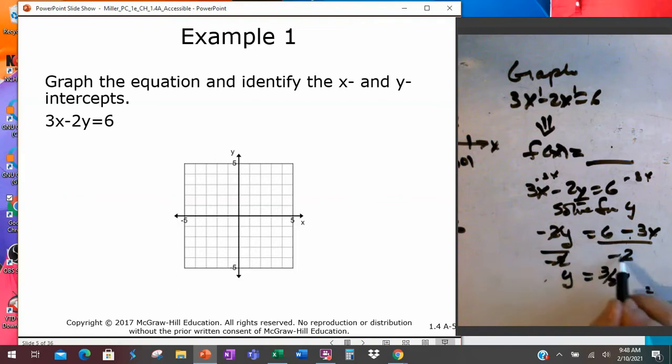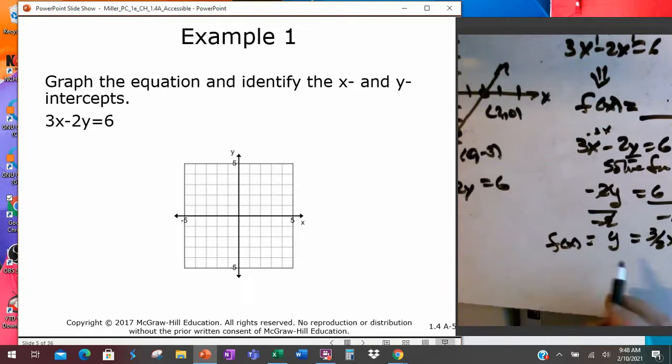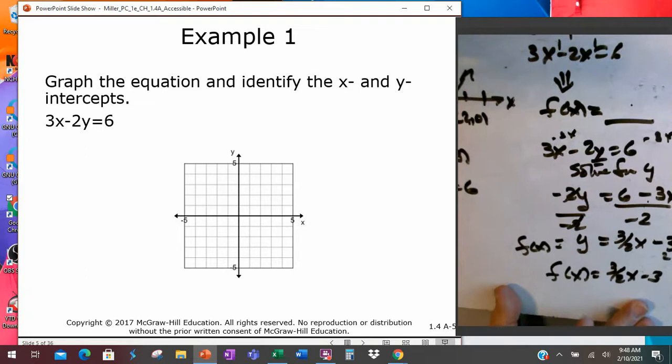So this means 6 divided by negative 2 is negative 3, minus 3x divided by negative 2 gives 3/2 x. So y equals 3/2 x minus 3. And then I declare this as my function. Okay, so f of x is 3/2 x minus 3. That's my function.